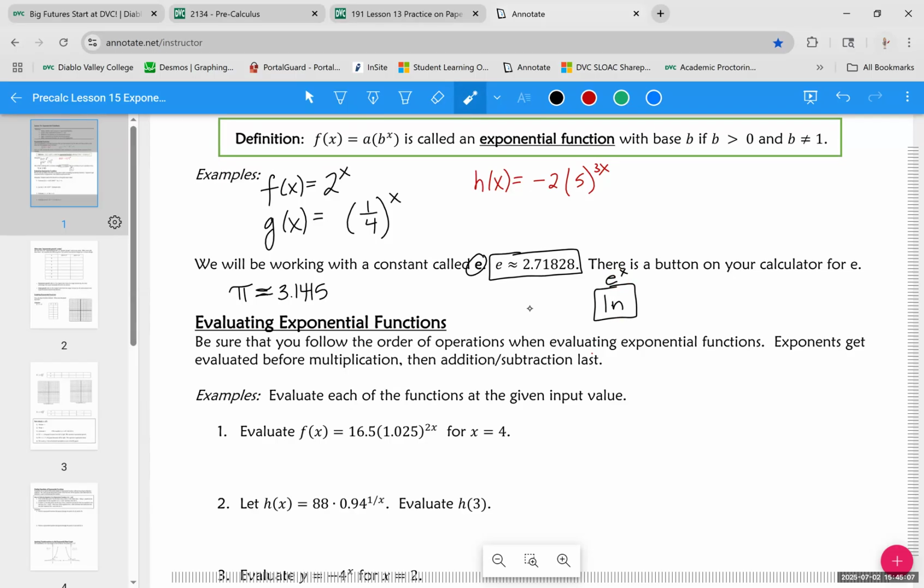So if you tried that right now and you just did e to the first power, it should give you this decimal here. So just be aware that we are going to start using that number. We'll talk about where it comes from and how we apply it. And it's just another one of those weird math numbers that is actually a letter, apparently.